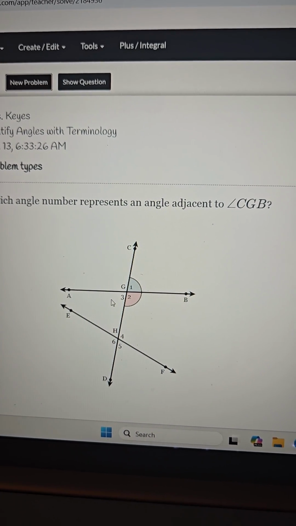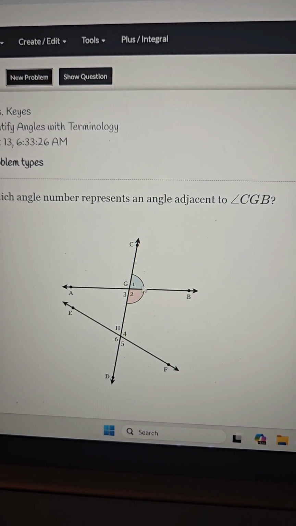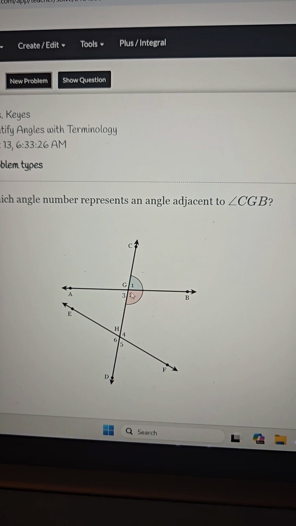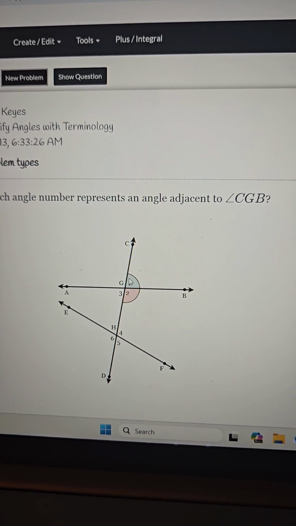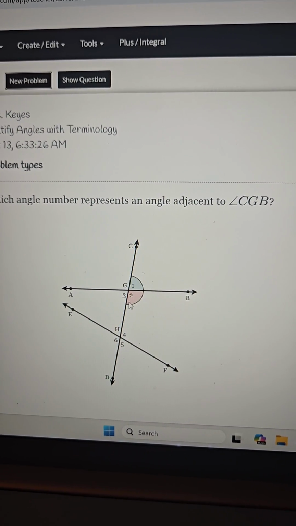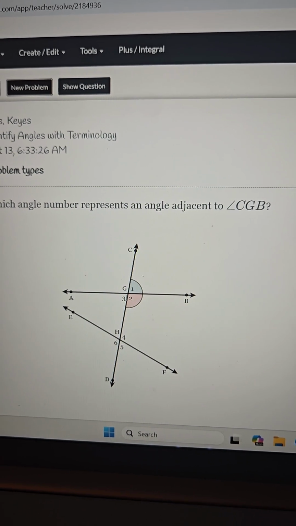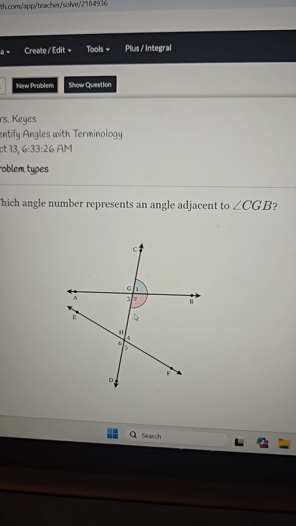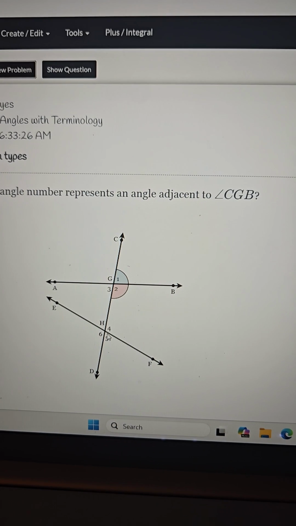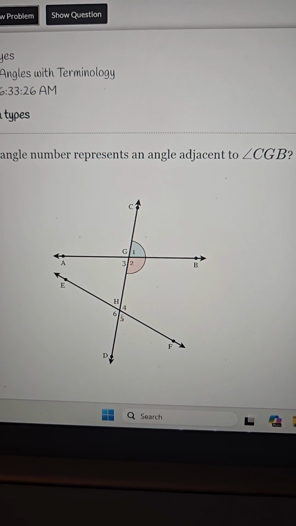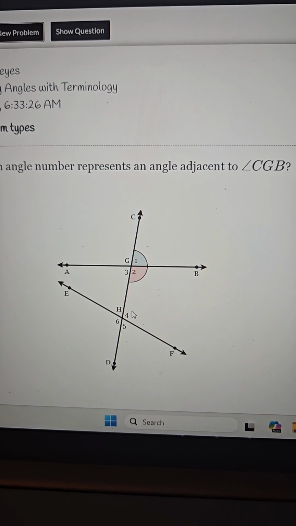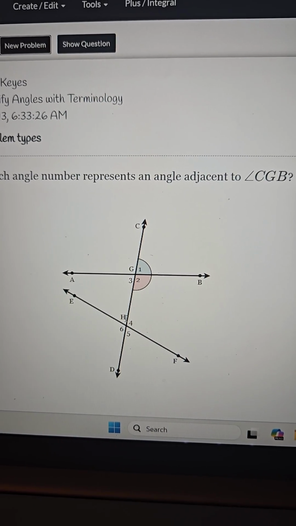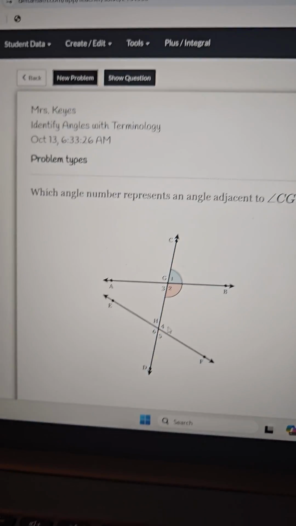So hopefully that helps. And then linear pair are the ones that are on the same line that create a line together. Okay. So like 1 and 2 would be a linear pair. 3 and 2 would be a linear pair. I need glasses. 4 and 5 would be a linear pair. 4 and H would be a linear pair. So just to remind you guys.